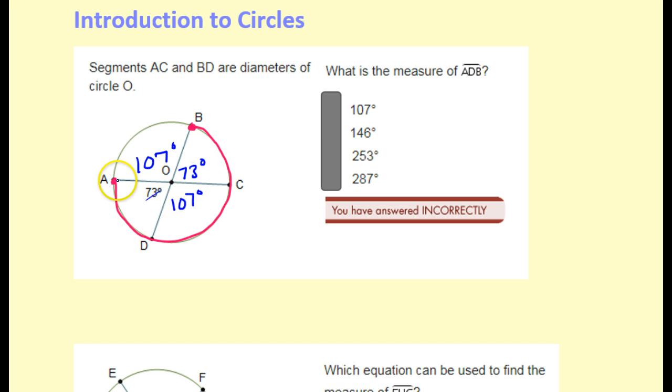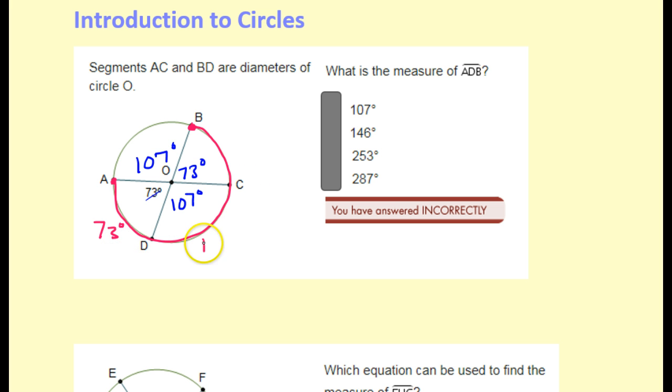So if I want to know the measure of arc ADB, it's just going to be the sum of these three angles. We spoke before about the fact that the measure of the central angles equals the measure of the arcs. So in other words, arc AD out here, that's 73 degrees.